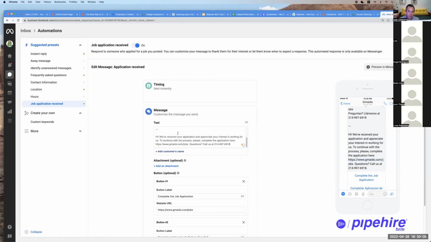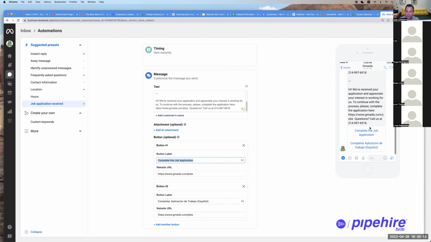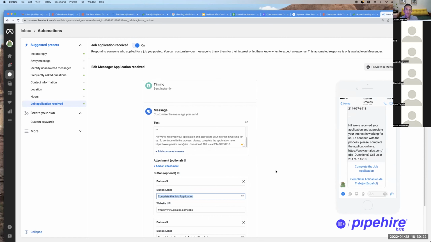So this is what you do, and then right below here, you're gonna basically click complete the job application. It's gonna be the hyperlink on this side, and then you're gonna see the one for Spanish and for English. I do recommend that if you hire people that speak Spanish, that you offer an application in Spanish as well.